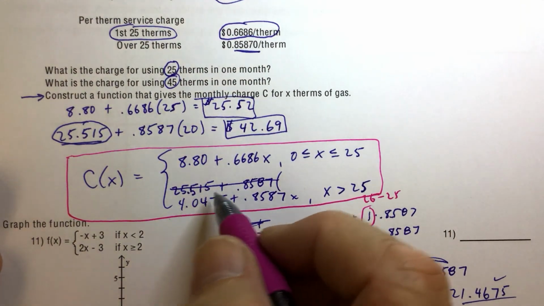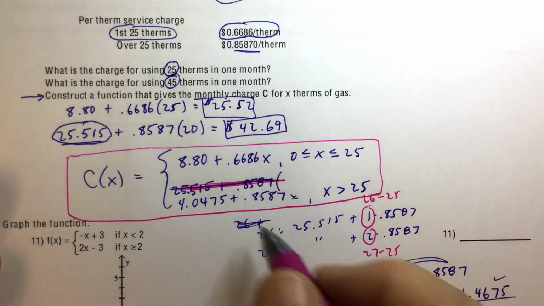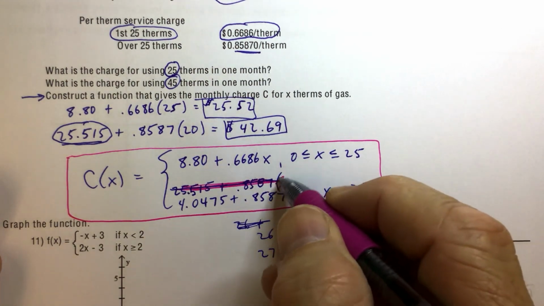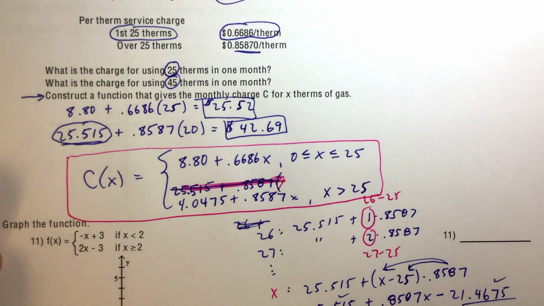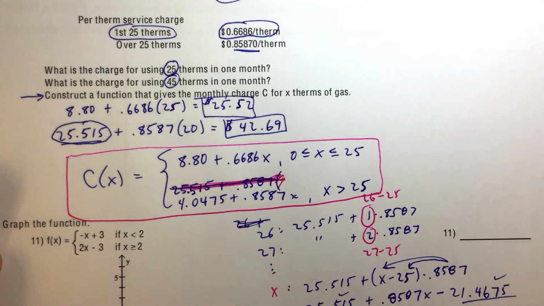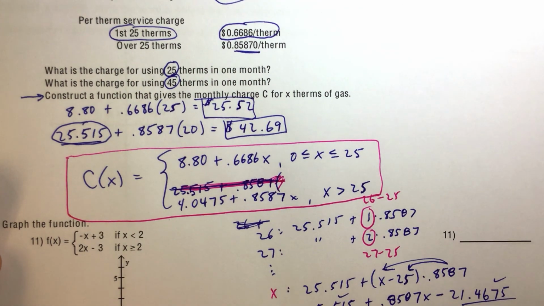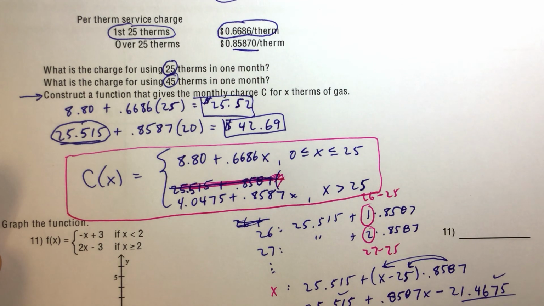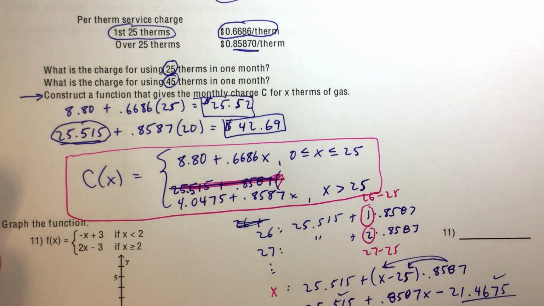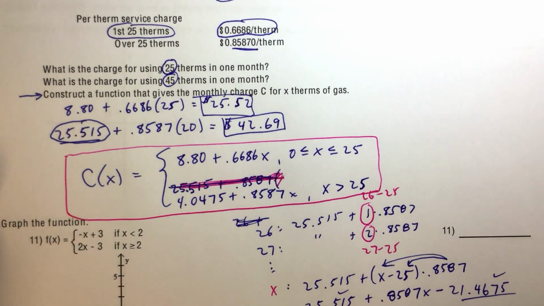Now, when you have this piecewise function here and you use however many therms you use in a month, you can just plug it right into the formula and figure out how much you're going to owe. Not like anyone's going to do that, you're just going to read your bill, but if you want to understand your bill, you'd have to understand that. Okay?